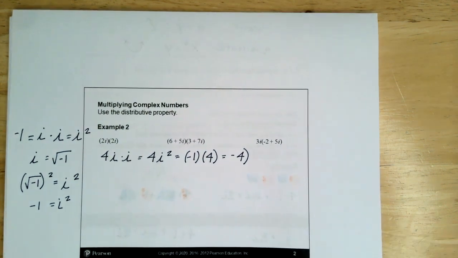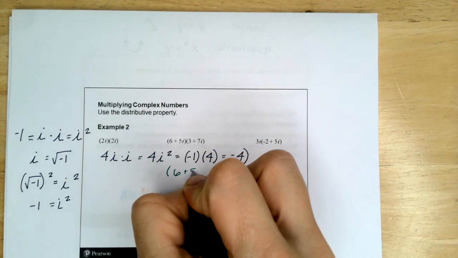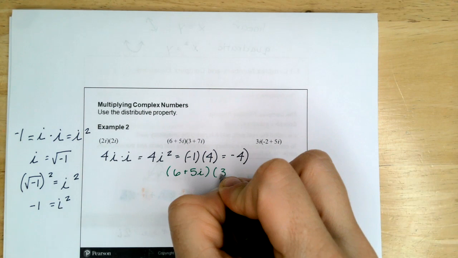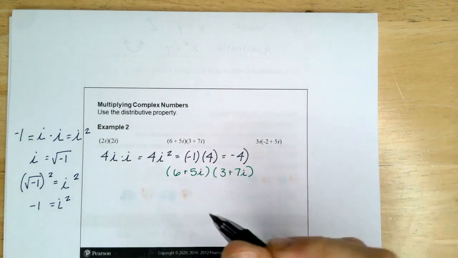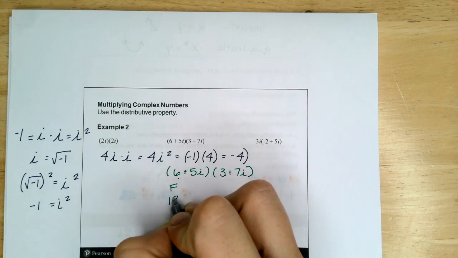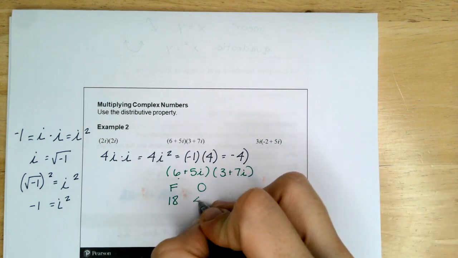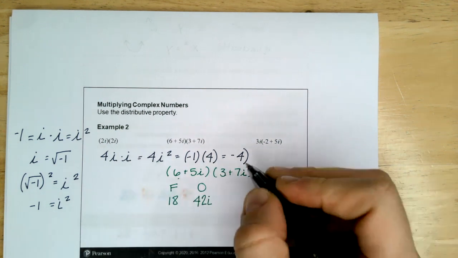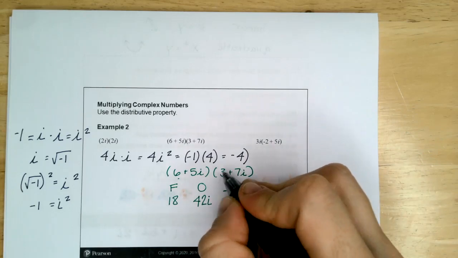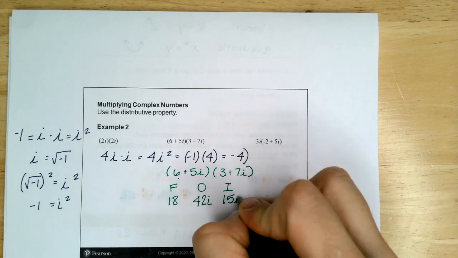Next one is 6 plus 5i times 3 plus 7i. So I hope what you think is, this is a binomial. I'm going to FOIL it. 6 plus 5i times 3 plus 7i. We're just going to FOIL it. 6 times 3 is 18. 6 times 7 is 42i, because the 7 had an i for inside, not i for imaginary number. 3 times 5 is 15 with an i, because the 5 had an i.